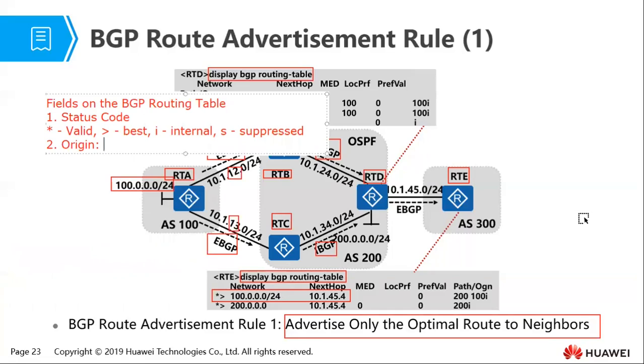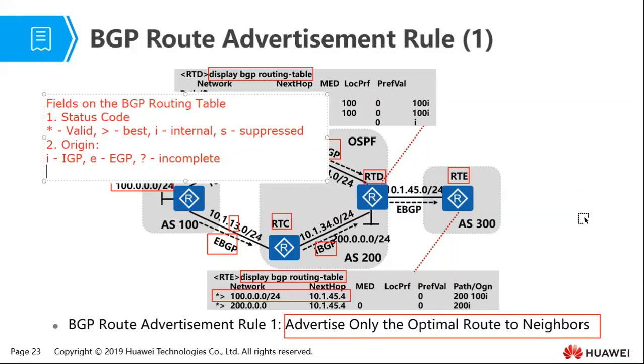Now the origin can have several indicators. An I, meaning that that route was learned using an IGP, and we're going to look into that shortly. Then E, meaning it was learned through an exterior gateway protocol, EGP. Then we also have question mark, which means it's incomplete. So I'm going to explain I, E, and incomplete in a short while.